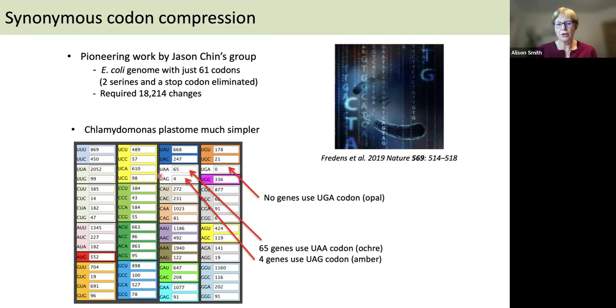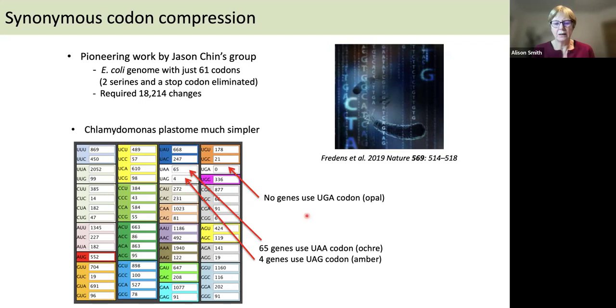So the stop codons are UAA, UAG, and UGA. There are no genes that use UGA. So it's possible to eliminate that straight away. The vast majority use UAA, and 4 of the genes use UAG. So this is much, much simpler.